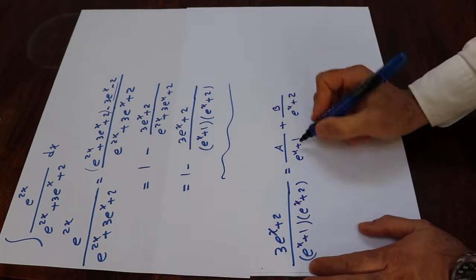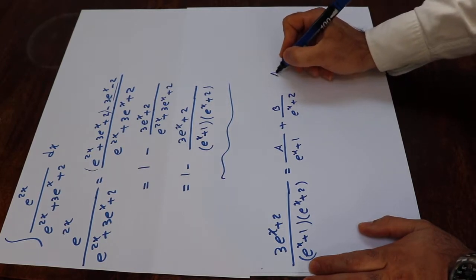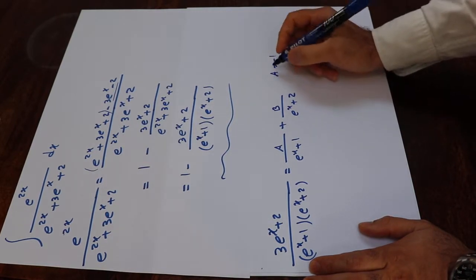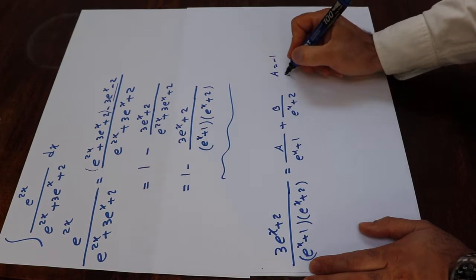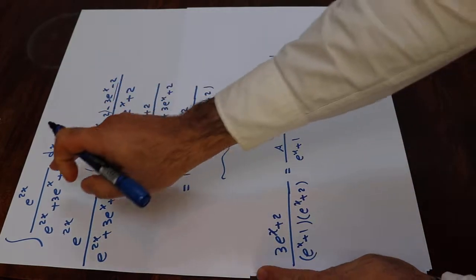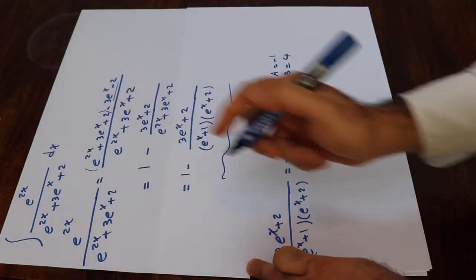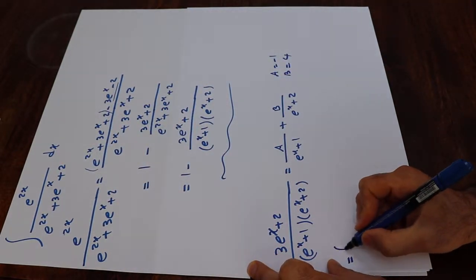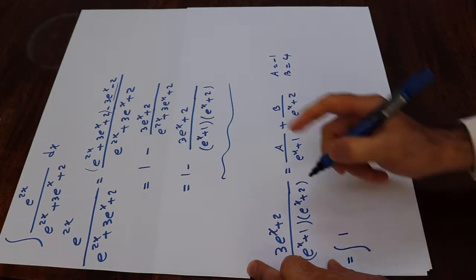Here if you do the algebra, you end up with a equal to minus 1 and b equal to 4.